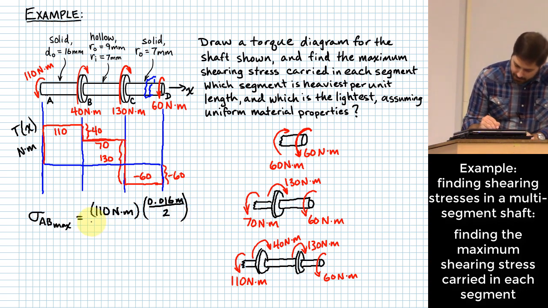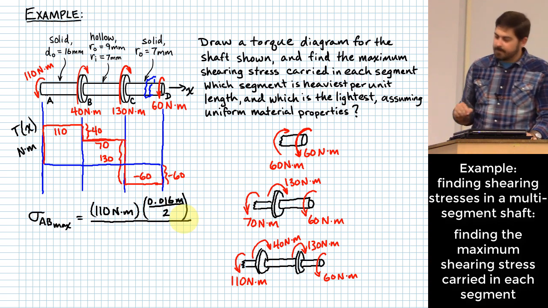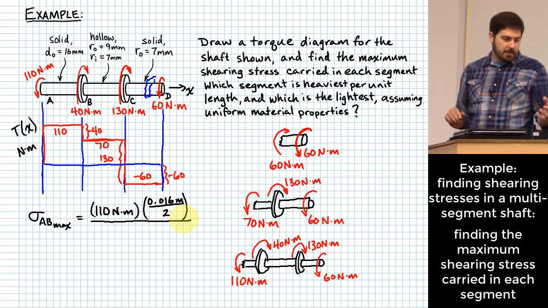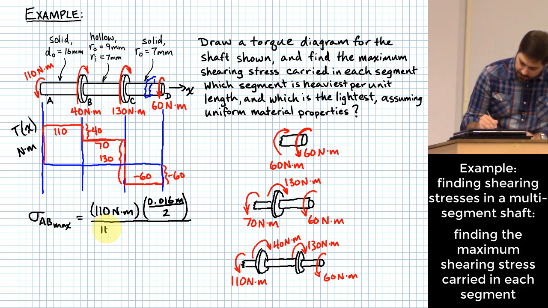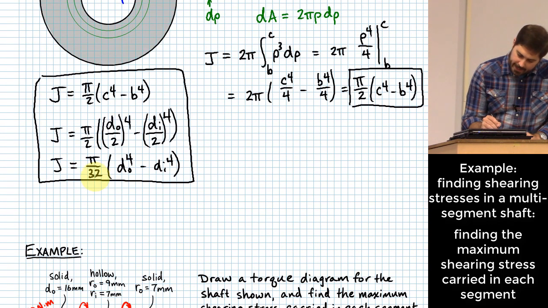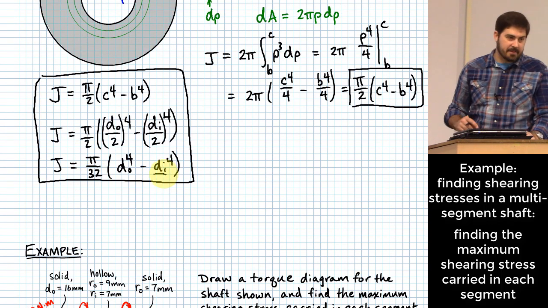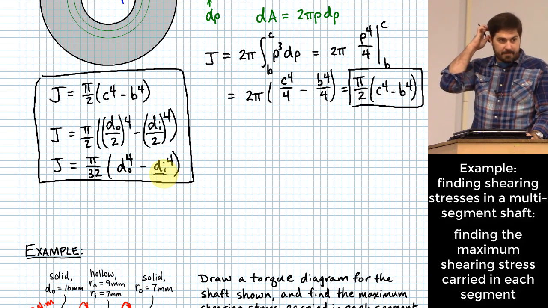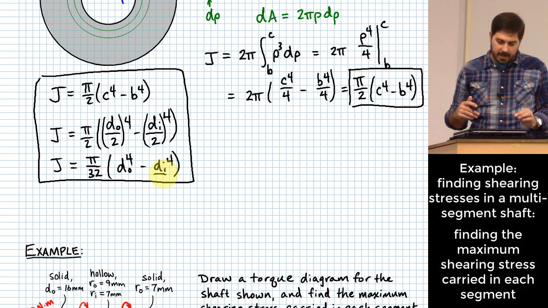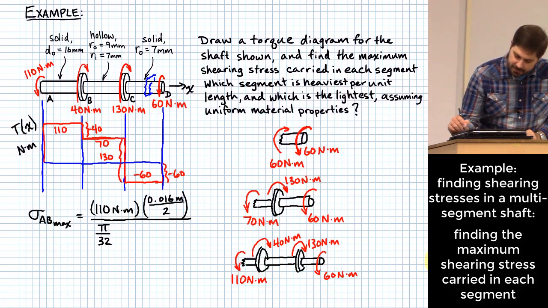All right, now what about J? We're given our dimension of this shaft as a diameter, right? Which means I can just use the version of this that is pi over 32, right? And I can ignore d_i, or I can imagine it being 0, either way. I can basically just leave it off of there because there is no inner diameter. It's not a hollow shaft.